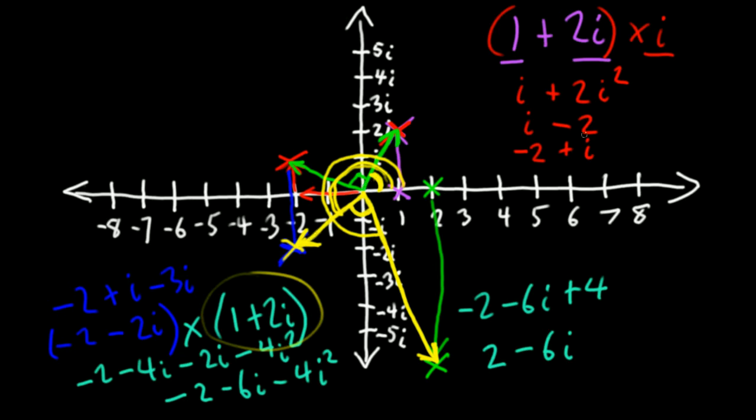We scaled by the magnitude of this vector 1 plus 2i. This number 1 plus 2i has a magnitude greater than 1, so that means we scaled it. Its distance from the origin is greater than 1.